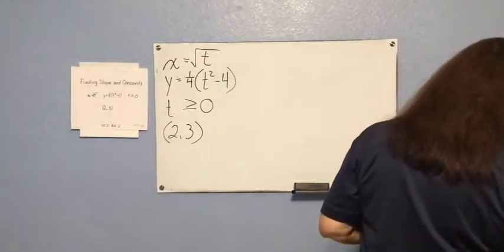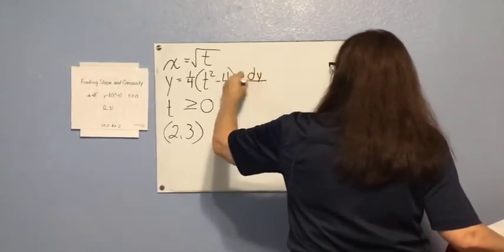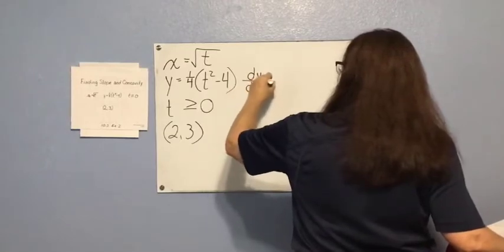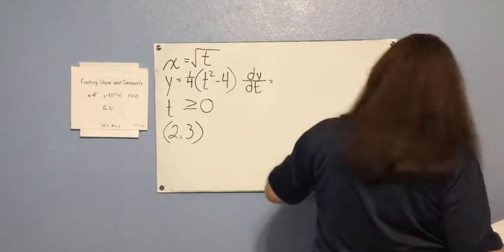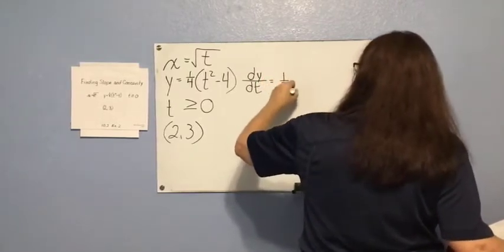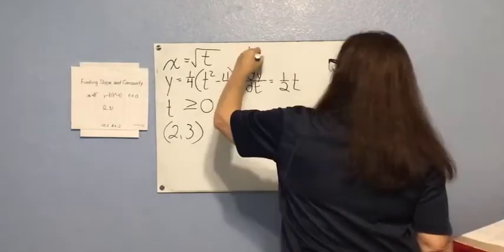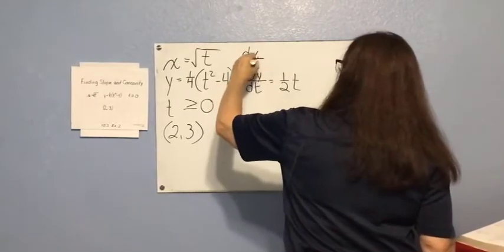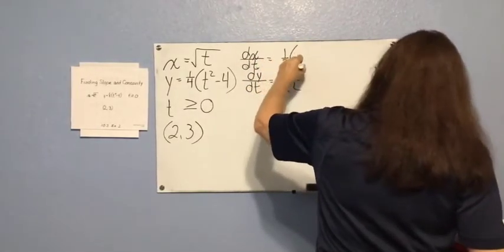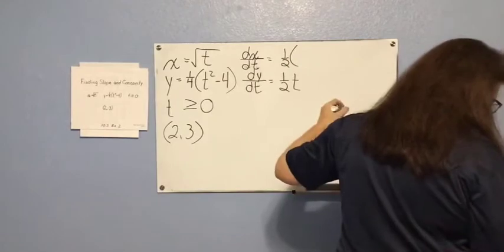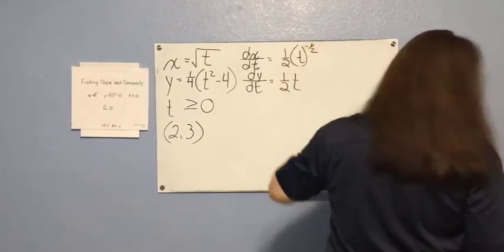So dy dt is equal to 1/2 of t, dx dt is equal to 1/2 of t to the negative 1/2.